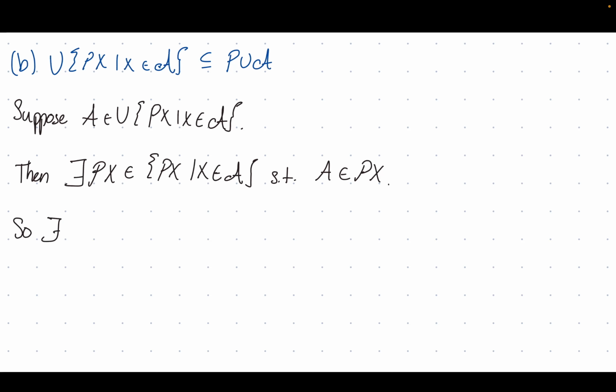So this is the same as saying that there exists some X in script A such that A is a subset of X. There. Okay, that's what looked funny to me.